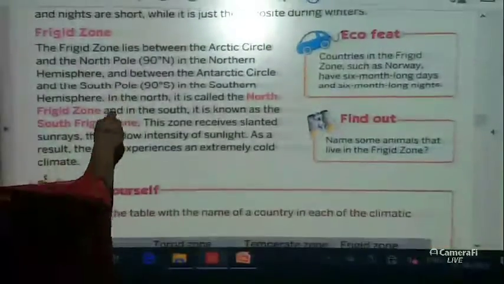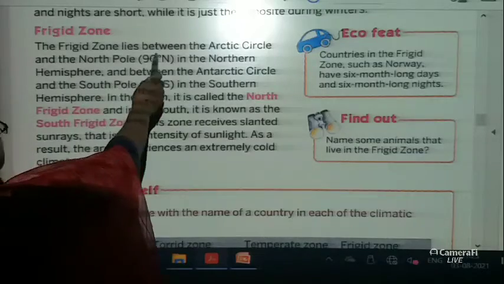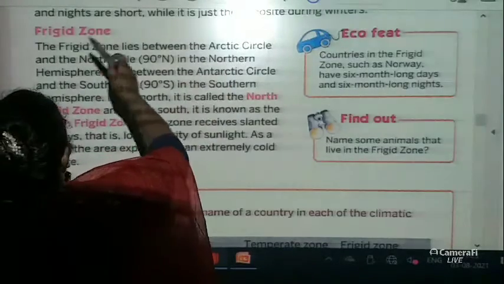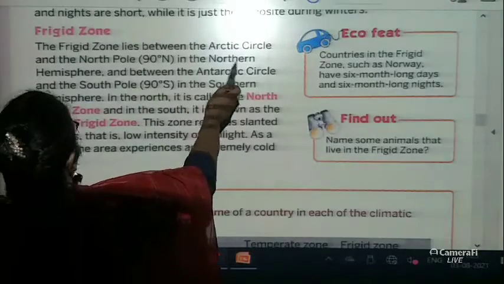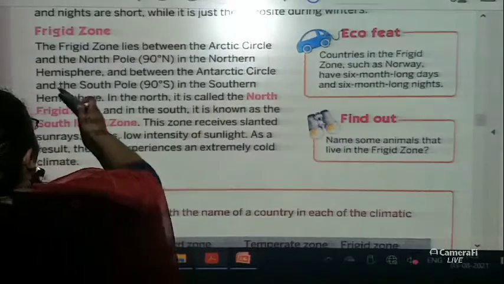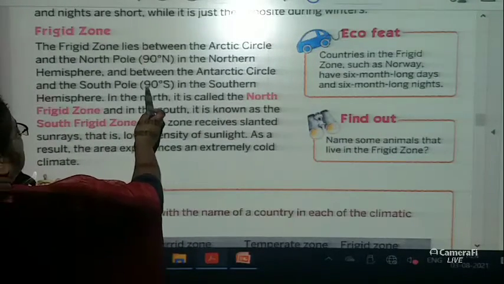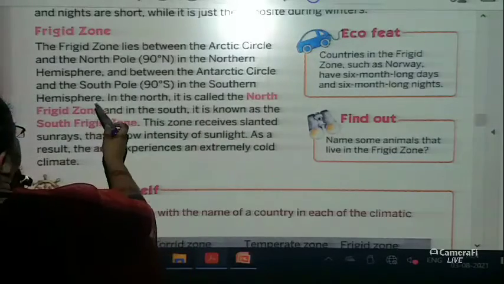Now is the frigid zone. What is a frigid zone? Frigid zone is a very cold zone. The frigid zone lies between the Arctic Circle and the North Pole, 90° north in the northern hemisphere, and between the Antarctic Circle and the South Pole, 90° south in the southern hemisphere.